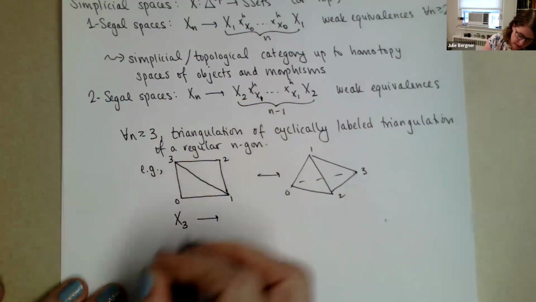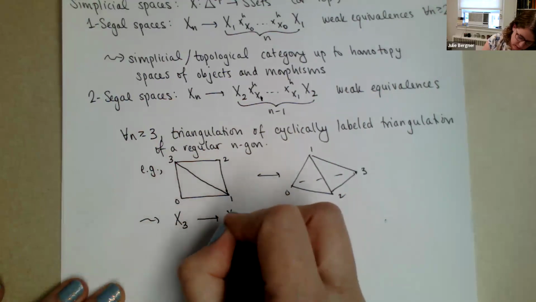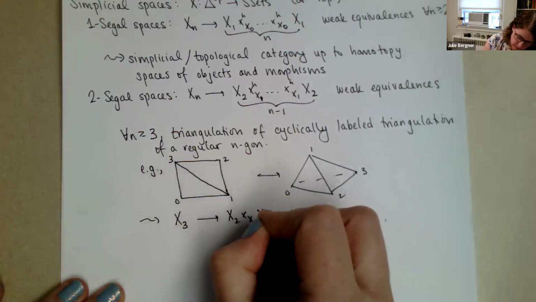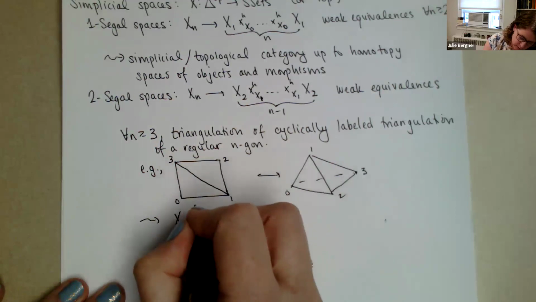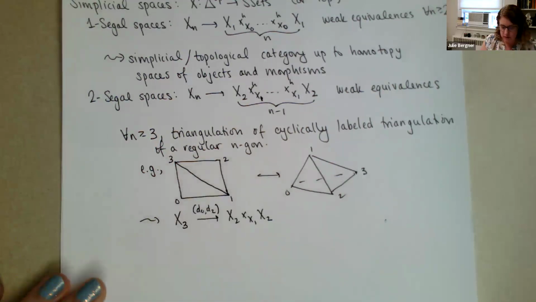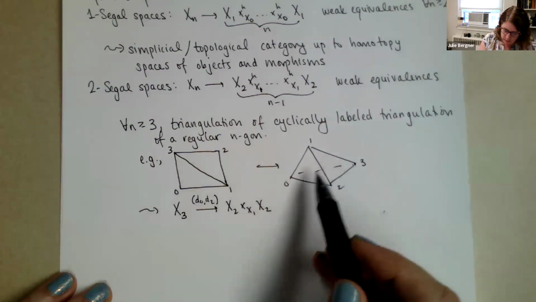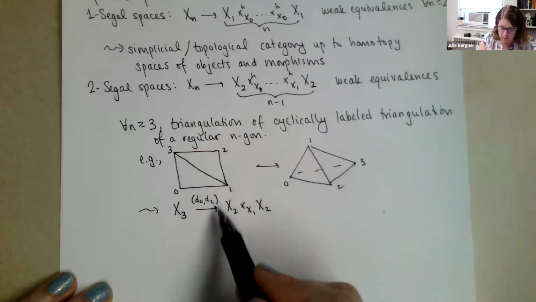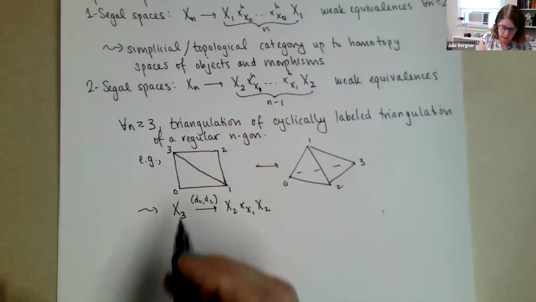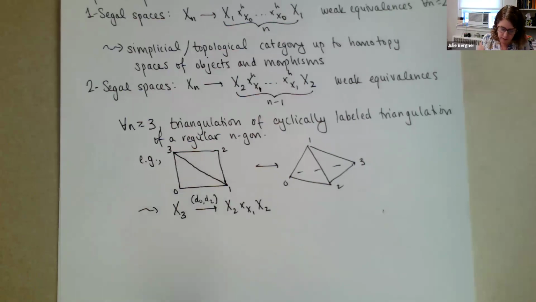This would induce a map from X3 to 2 copies of X2 over X1, and this would be the map given by d0, d2, since those are the faces of a 3-simplex that give you this configuration.